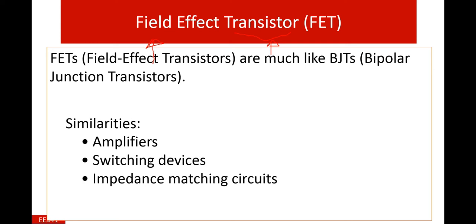The first one, the BJT, uses two types of carriers, the bipolar type, for variation in resistance. Now we are talking about the field effect transistor, which is relevant to the electric field. With the variation of electric field, we can change the resistance. So this concept is control, and this controlled situation has a lot of applications.